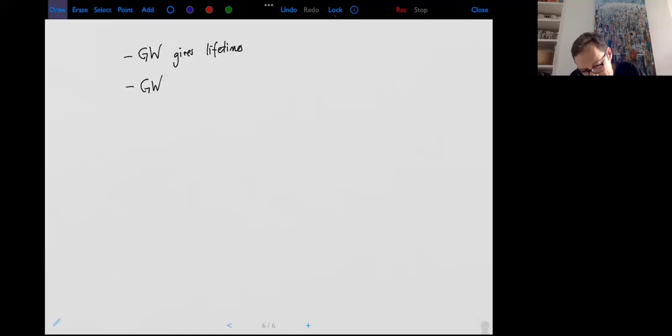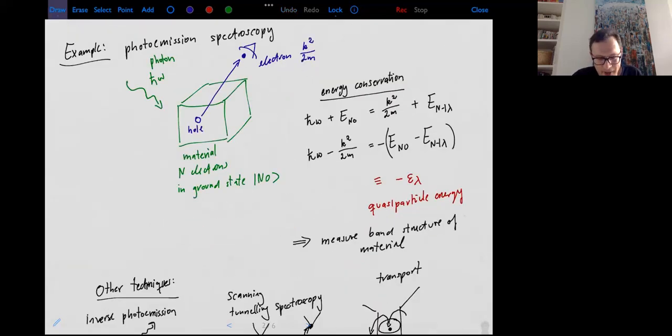The other thing is that GW gives satellites, which is of course something that should be of interest if you're a photoemission person, then you know that there's this photoemission process that I've shown you. Here I've introduced you to the simplest process in a photoemission experiment. Shoot in a photon, get out a photoelectron, and you create a hole. That is the simplest process, but there are actually more complicated processes.